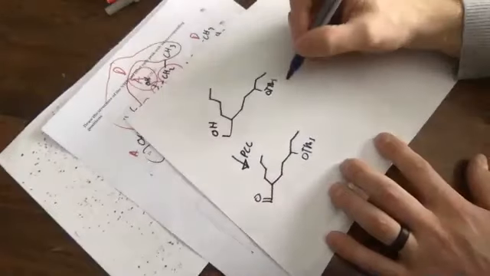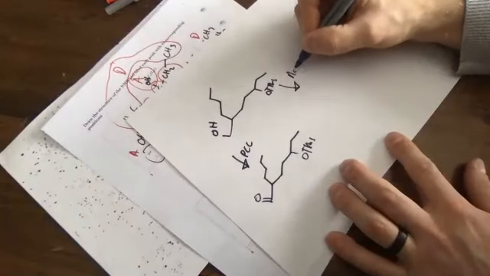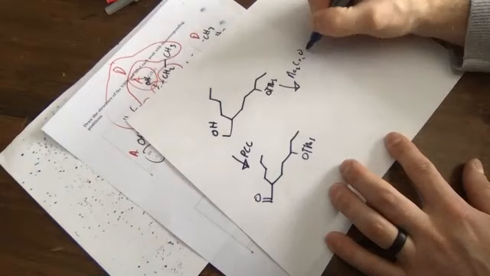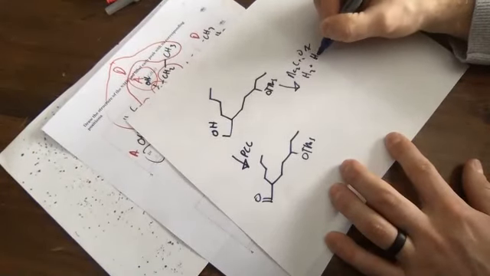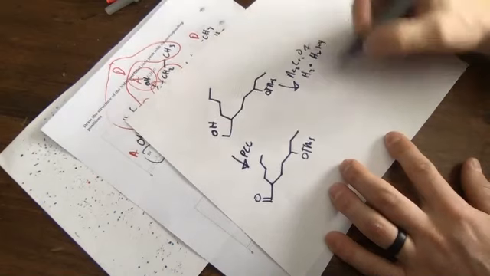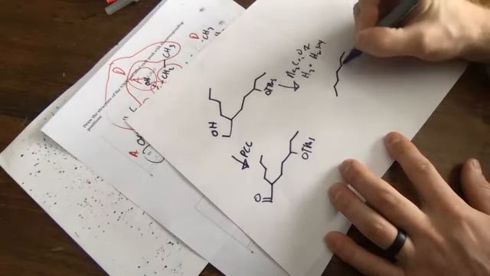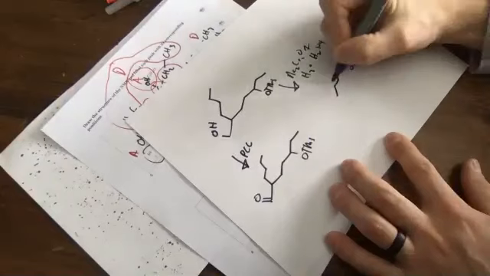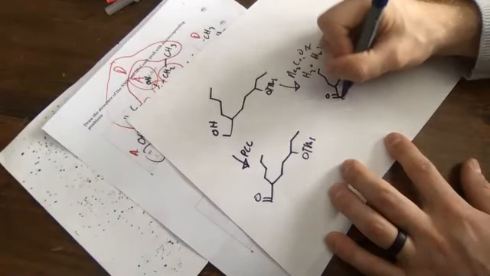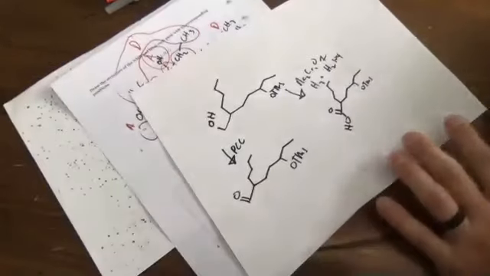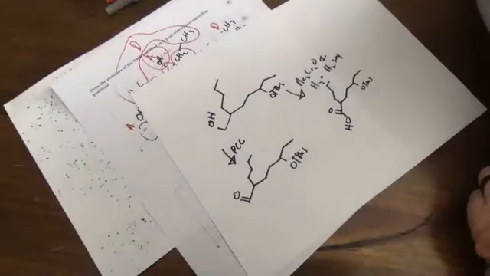If we were to instead add in Na2Cr2O7, H2SO4, and water, this would have oxidized fully to the carboxylic acid.